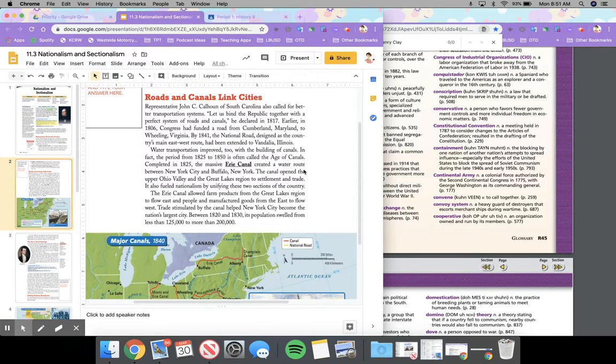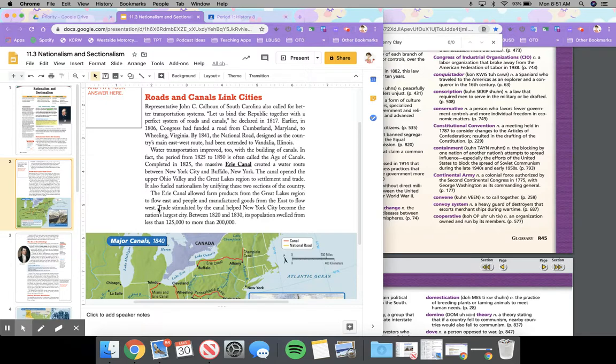Completed in 1825, the massive Erie Canal created a water route between New York City and Buffalo, New York. The canal opened the Upper Ohio Valley and the Great Lakes region to settlement and trade. It also fueled nationalism by unifying these two sections of the great country.